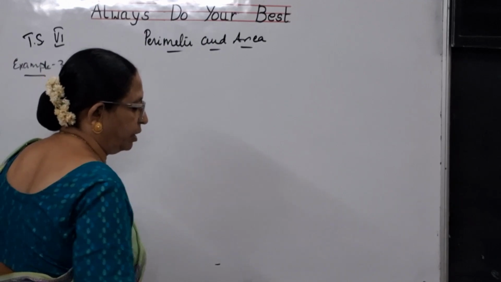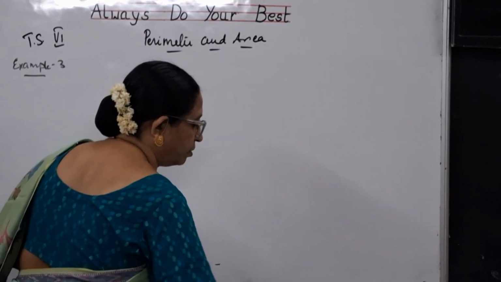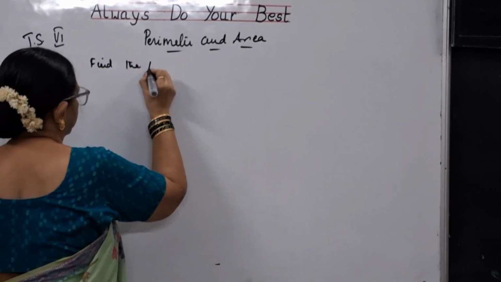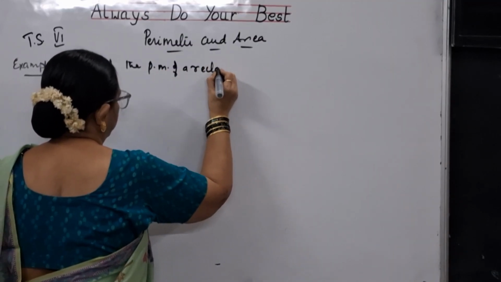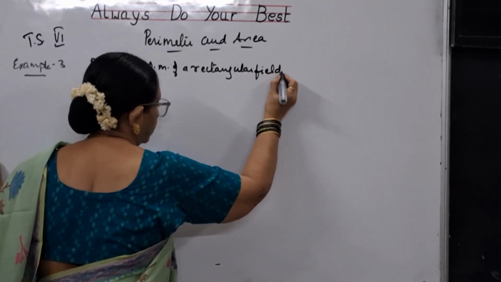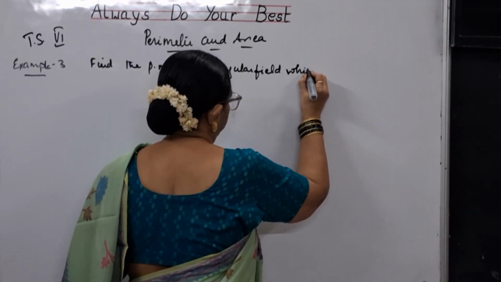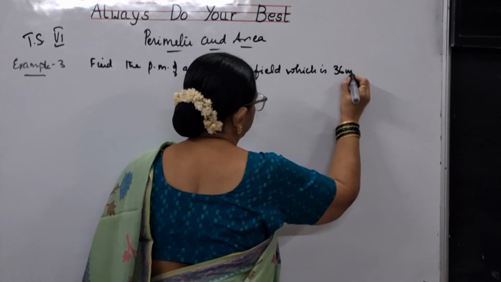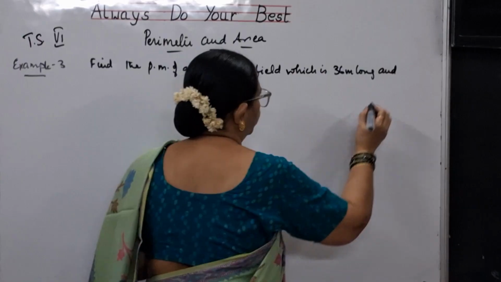Find the perimeter of a rectangular field which is 36 meters long and 24 meters wide.